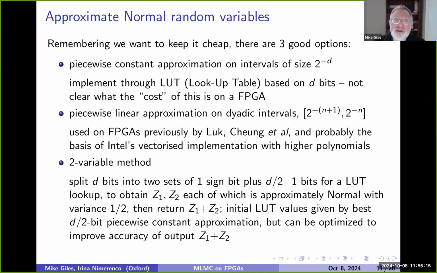By having two pieces, it gives us two approximate normal random numbers, Z1 and Z2, but we choose those to have a variance of approximately half. And then what we return is the sum, Z1 plus Z2. That has approximately a variance of 1, which is what we want. Initially, you can set up the lookup table with values that come from this best piecewise approximation, but then you can actually optimize that and further improve it. And you'll see the benefits of that on this next slide.